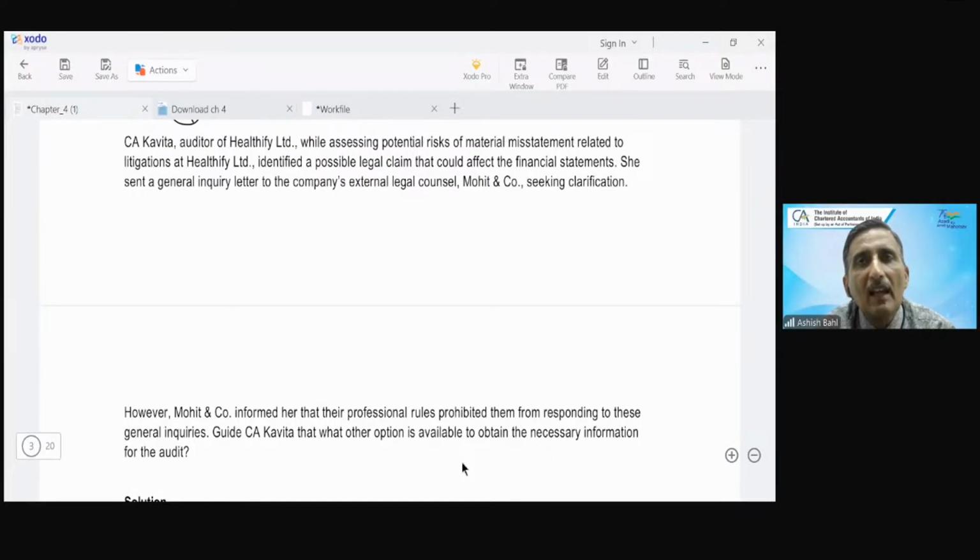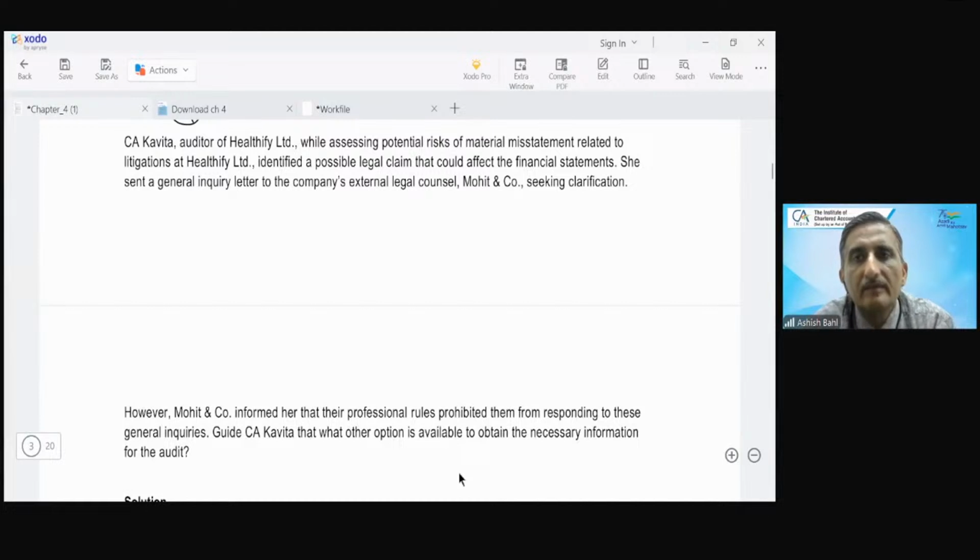Yes, she is trying to communicate with the external legal counsel, but the external legal counsel has not responded to the general letter of inquiry. So there is another letter which is stated in the standard on auditing, which she has to send. What is the name of that letter? Yes, anyone?